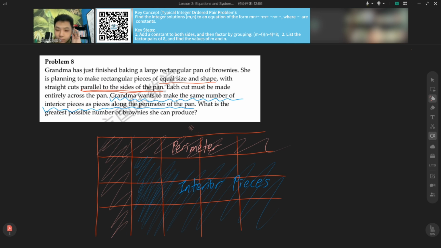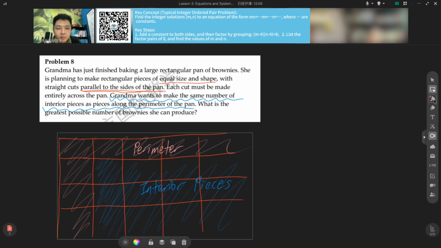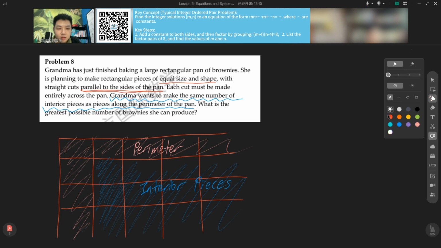What is the greatest number possible it could be produced? 里面的块数跟周长的块数要相等。So I think if you want to set up this, you can just define two variables.